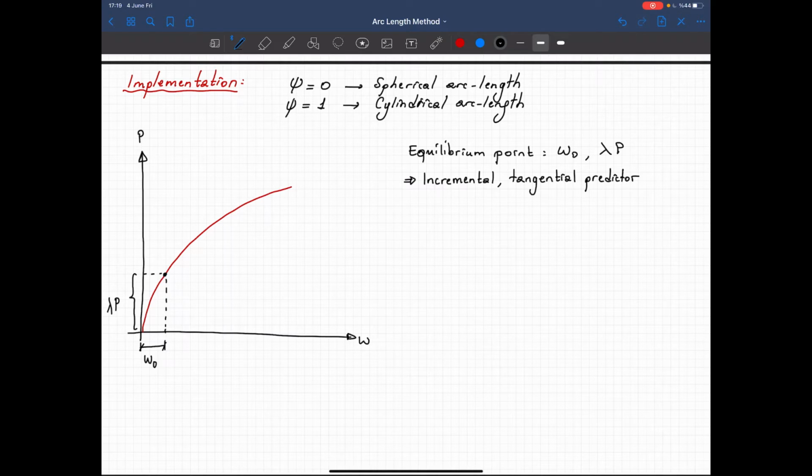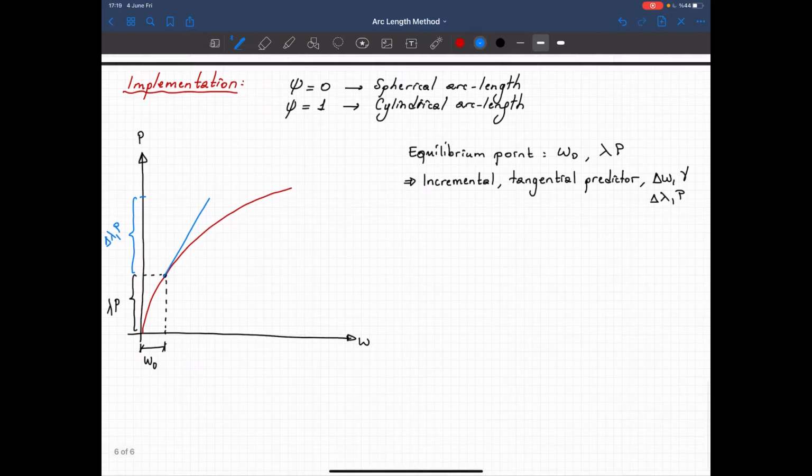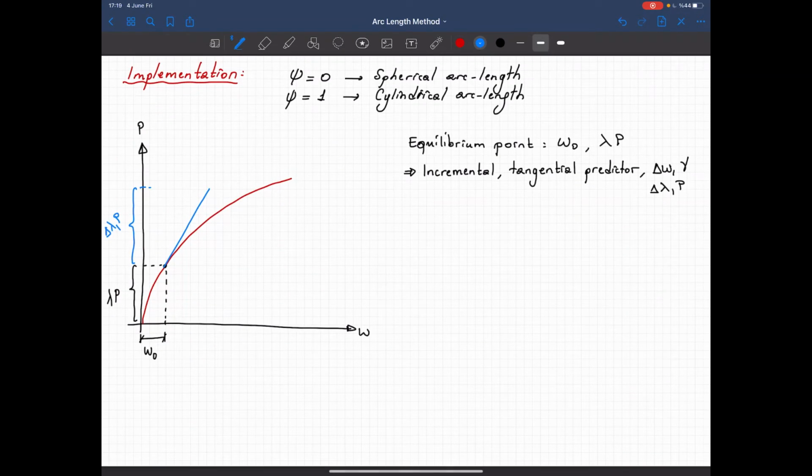And let's call them delta W1 and delta lambda 1 times P. So we apply delta lambda 1 times P, and with this load we use the initial displacement, so this is where we are right now.